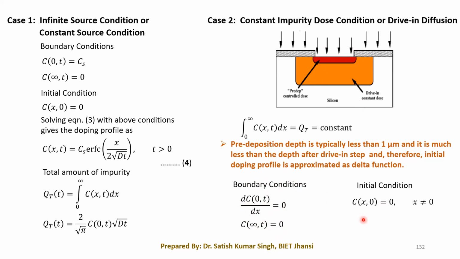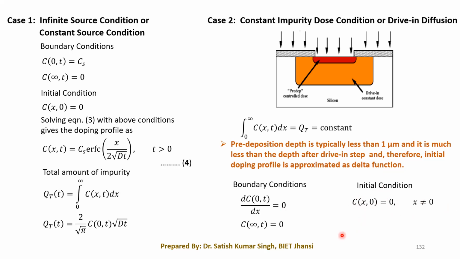The initial condition is C(x,0) equals 0 whenever x is not equal to 0. We have these initial conditions because we are considering the initial doping profile as a delta function. When x equals 0, obviously the profile will not be 0. It will be equal to either the solid solubility Cs, or the total concentration, so that cannot be 0.